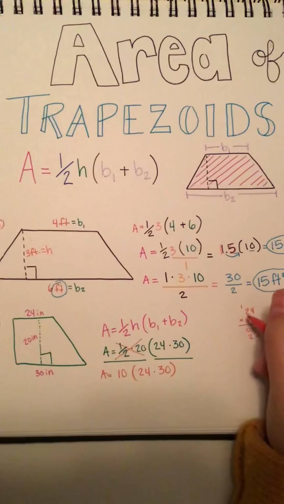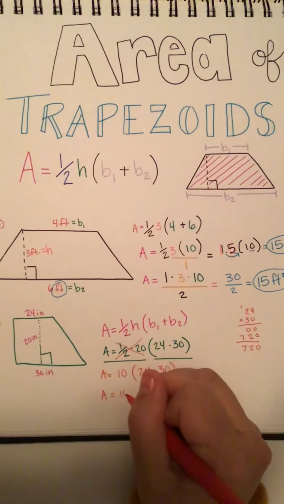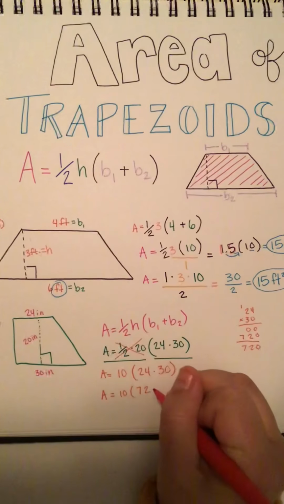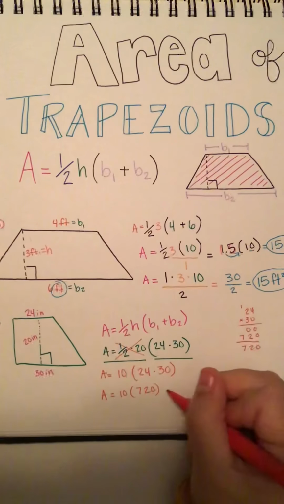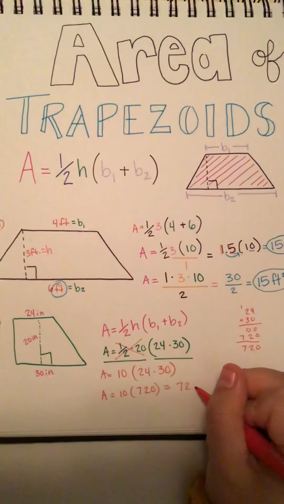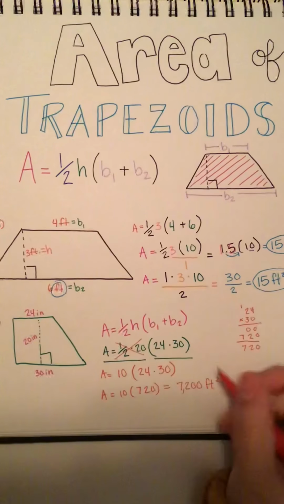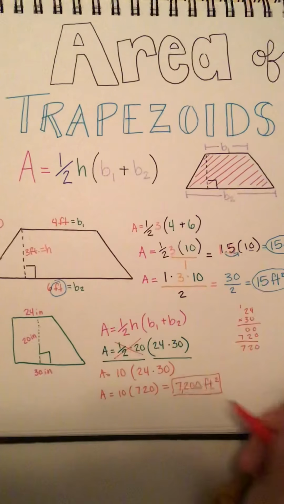That is 6, 7. 720. Area equals 10 times 720, which would in turn equal 7,200 square feet. Kaboom.